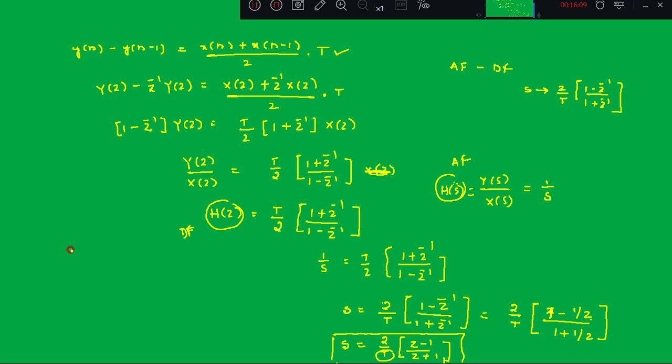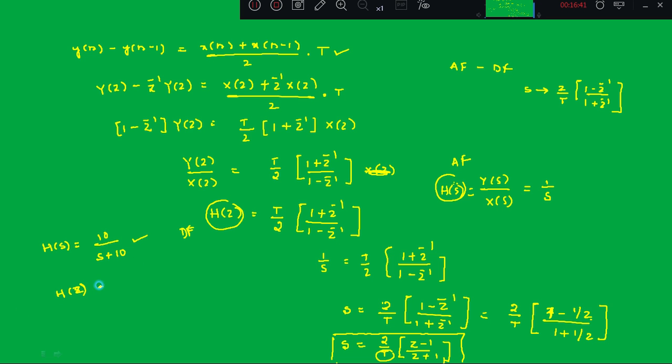So if I take one simple example, they will give a first order analog filter, let's say H of s is equal to 10 divided by s plus 10. Since it is in s, obviously this is the analog filter. To convert this into a digital filter, the design of the digital filter is nothing but getting the transfer function in the z domain, that is H of z, right?